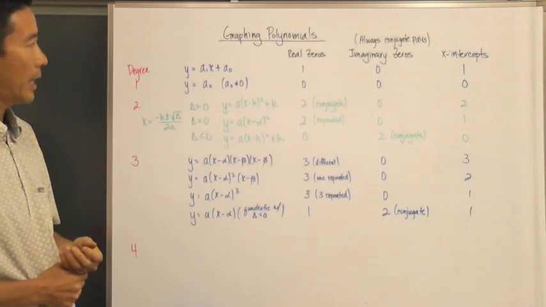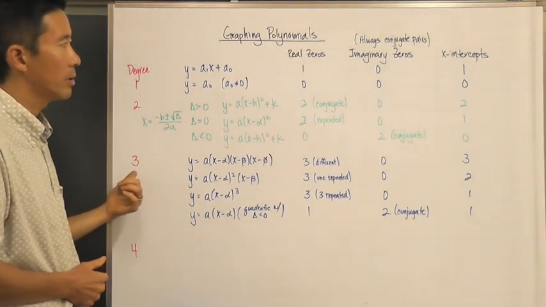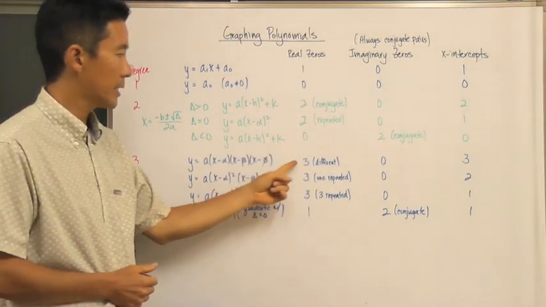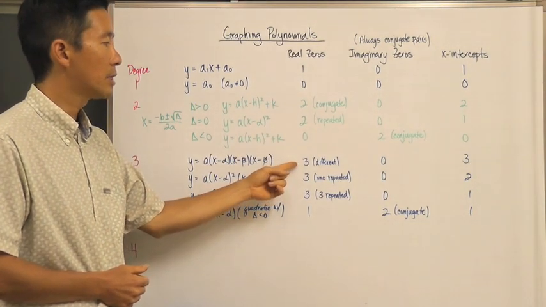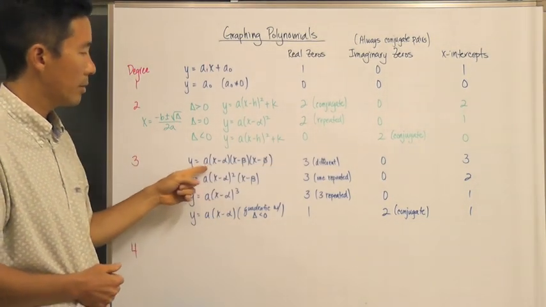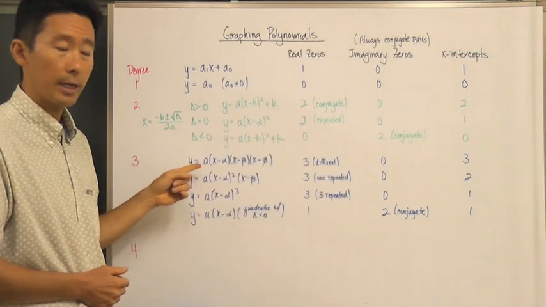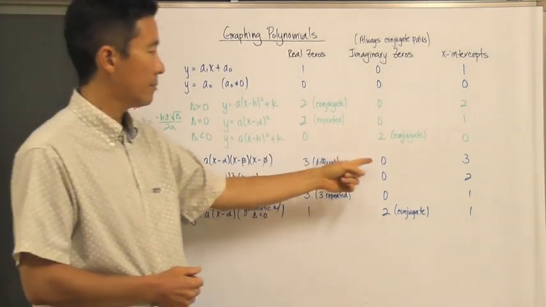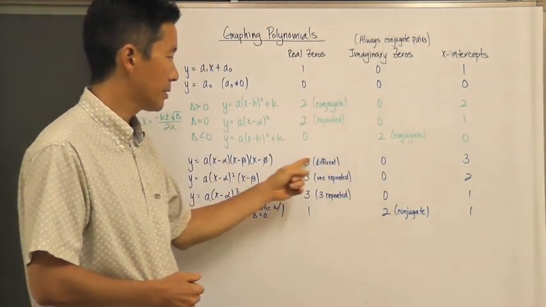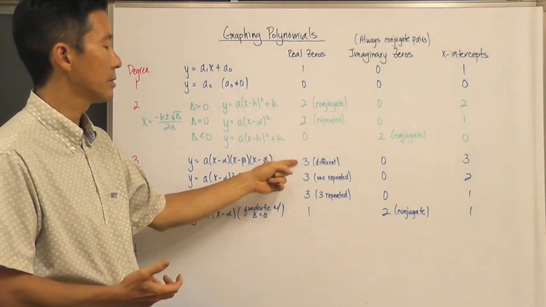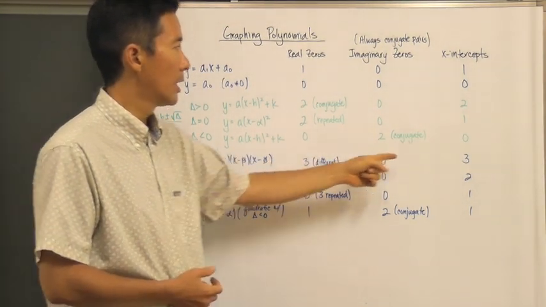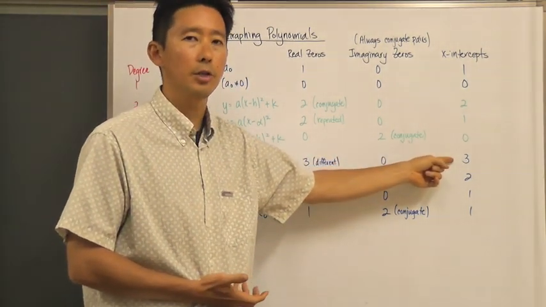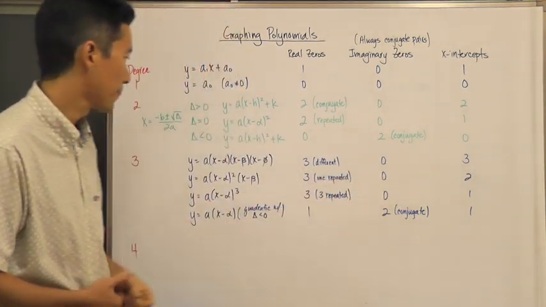So notice that what we can have is a maximum of 3 real roots. We know that this is going to be 3 because there are going to be 3 different real roots, and this is what it's going to look like. The imaginary roots, of course, are going to be 0 because we've already exhausted the number of zeros with the real zeros. All of them are real, so they're all going to show up as x-intercepts.